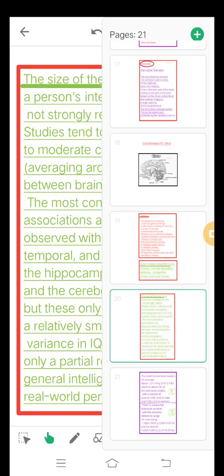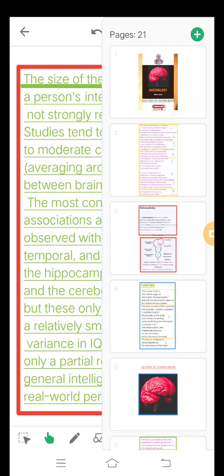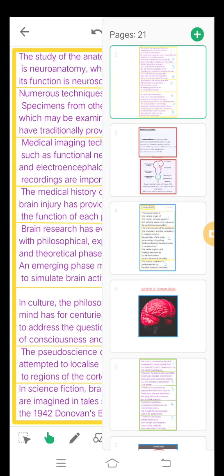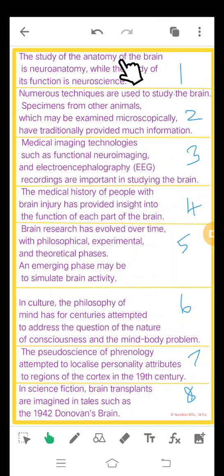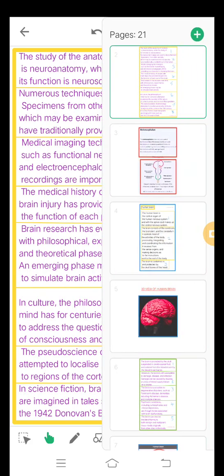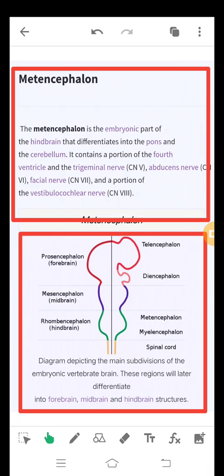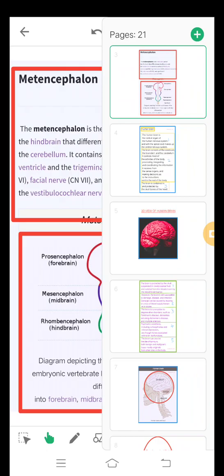So, we recollect all the anatomy of the human brain. This is the introduction of anatomy of the human brain having 8 points. Next, a diagram differentiating forebrain, midbrain and hindbrain. This is the metencephalon.